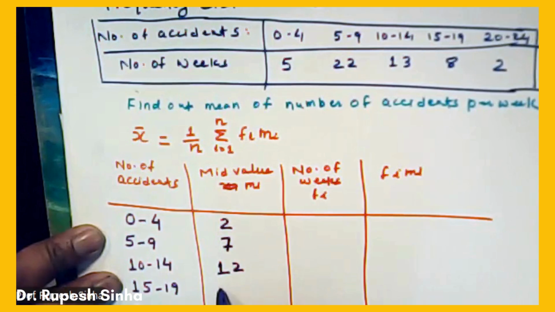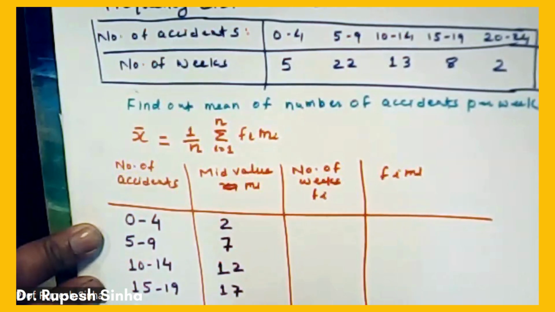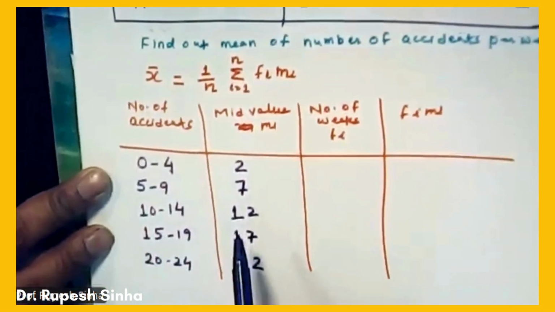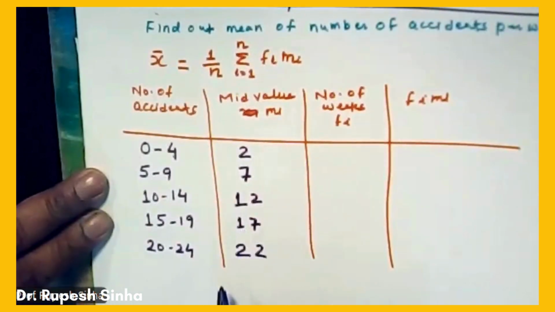This is going to be 34 by 2, 17. And this is going to be 44 by 2, that is 22. So how did we do it? Add this plus this divided by 2. 5 plus 9 divided by 2, 7. 10 plus 14, 24 divided by 2, 12 and so on.